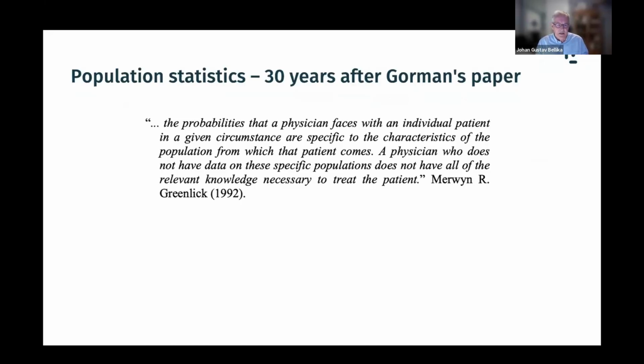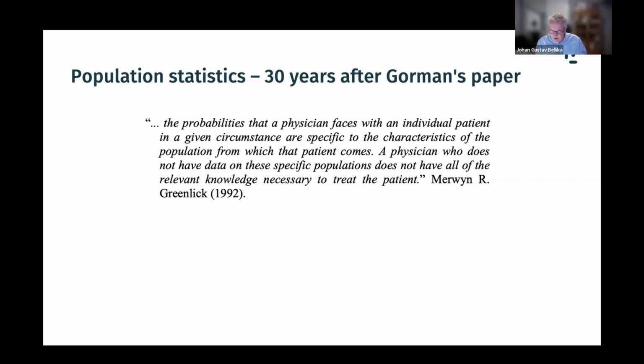Population statistics: I like this quote from Mervyn Greenlick from 1992. The probabilities that a physician faces with an individual patient in a given circumstance are specific to the characteristics of the population from which that patient comes. A physician who does not have data on this specific population does not have all the relevant knowledge necessary to treat the patients.